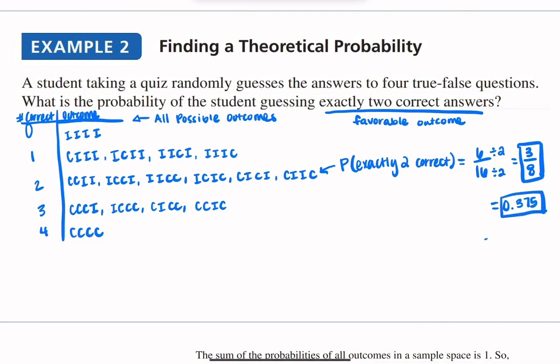Or we can write it as a percent. So multiply that by 100 or move your decimal place over 2 times. 37.5%. So the probability of the student guessing exactly 2 correct answers is 3/8 or 0.375 or 37.5%.